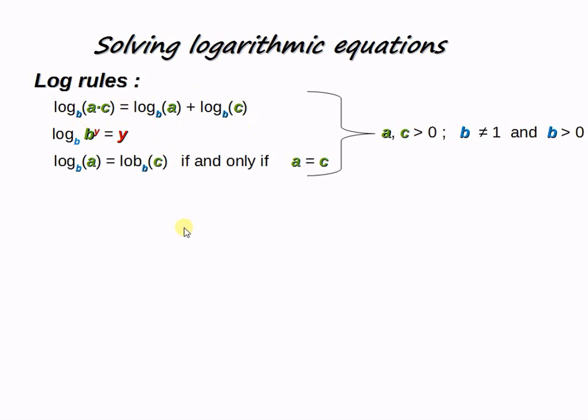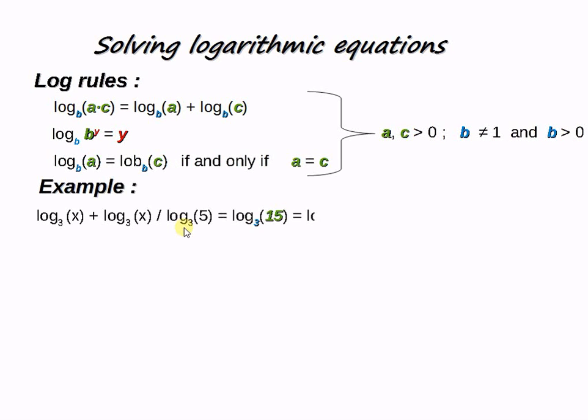So let's come back to our equation now. First we apply the multiplication rule to the logarithm on the right hand side of the equation. We just follow the rule, turning multiplication inside the logarithm into addition outside the logarithms.